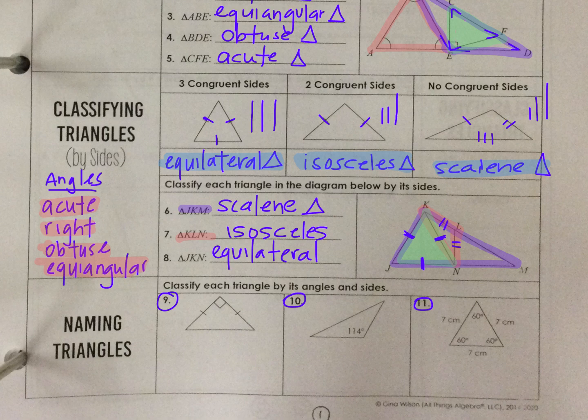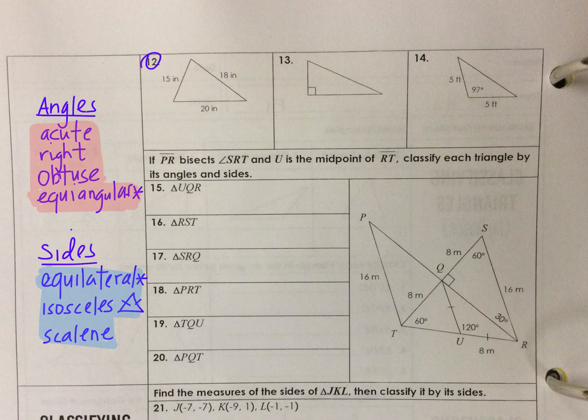So you'll have one blue answer and one red answer for each of these. I need you to do 12, 13, and 14. Same thing, you'll have one red answer and one blue answer. Before you do those, let's look at number 15 through 20 together, and that'll help you with those others.